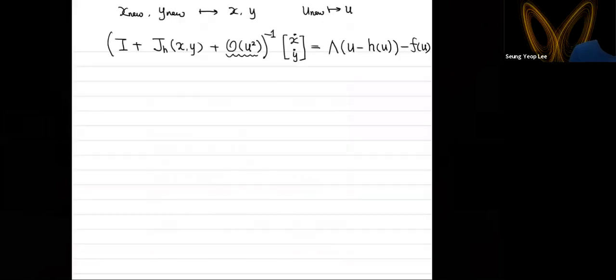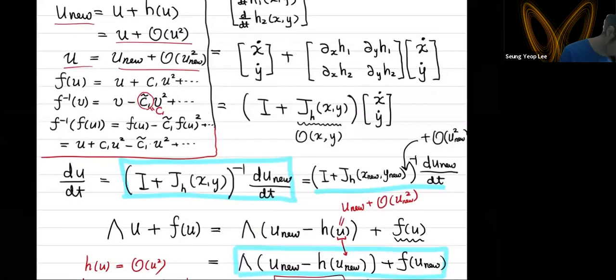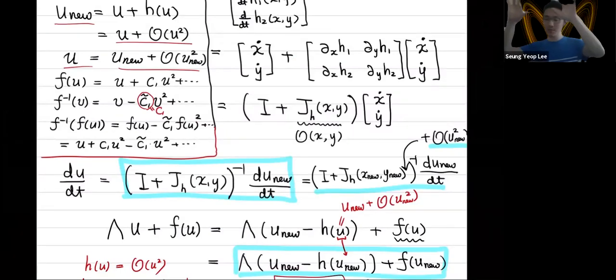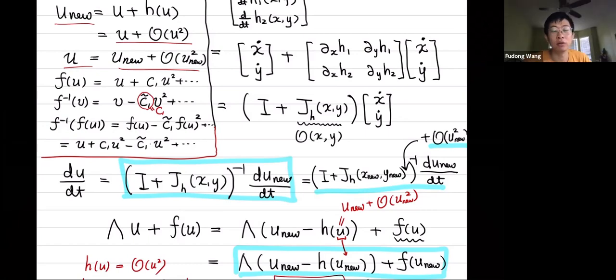This part is the correction. So I have still the correction. Yeah, this O of u squared is coming from here? It's a matrix, where each entry has second order, quadratic or higher. Okay.